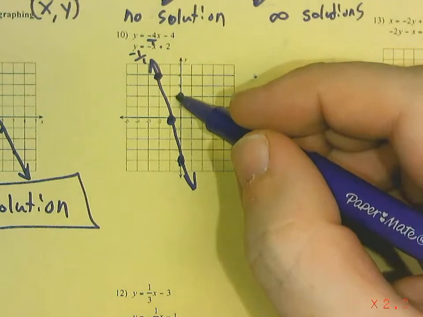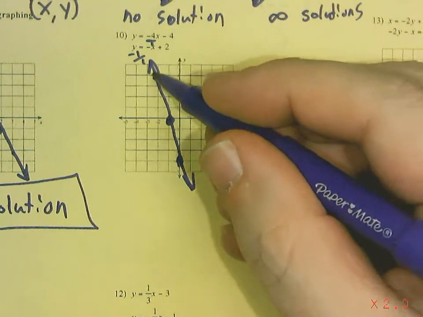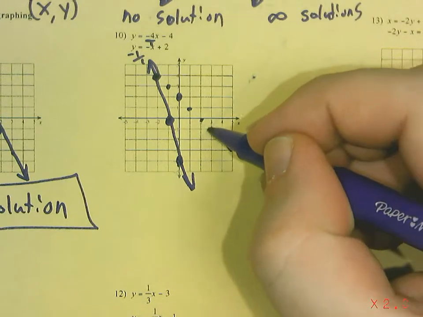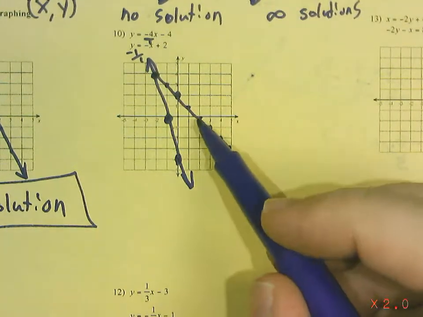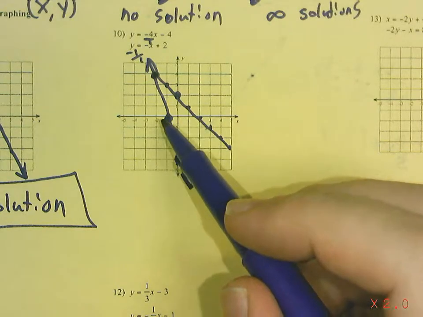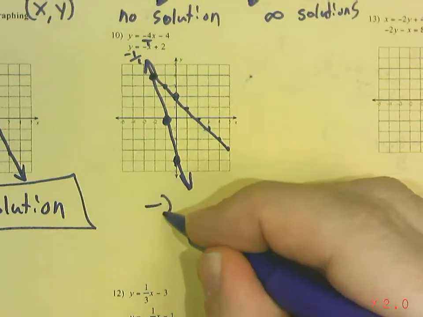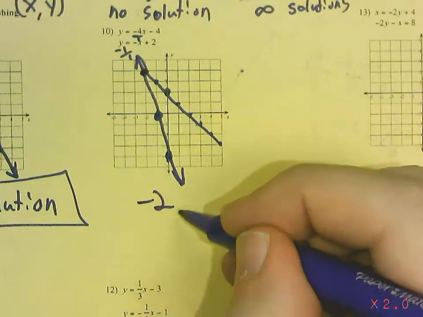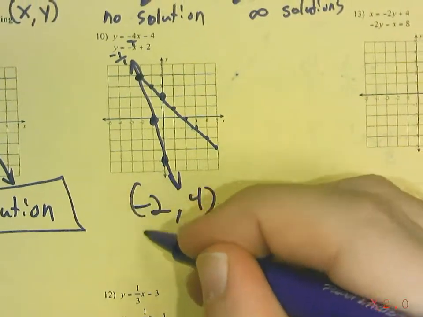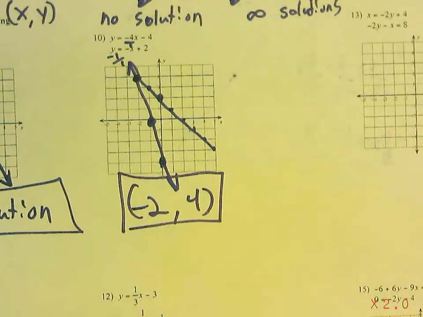So I know they're not going to intersect there, so I'm going to go up 1, left 1. Hey, look, they intersect right there at that point. Now to figure out that point, I need the x-coordinate. Looks like the x-coordinate is going to be -2. And then the y-coordinate would be 1, 2, 3, 4. So 4, where the pair would be -2 and 4. There's my answer.